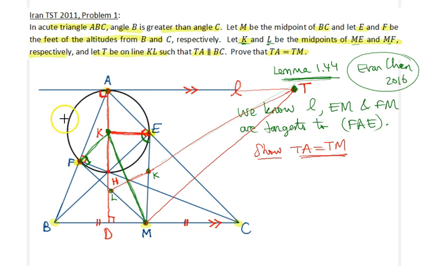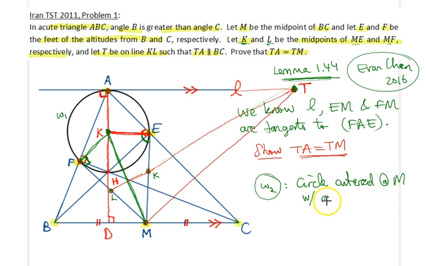The first circle, I call this circle omega 1, the circumcircle of AFE here, and the second circle I have in mind, omega 2, is simply the circle centered at point M with radius 0. So this is a special purpose circle here, and I would like to see where the radical axis of these two circles is.